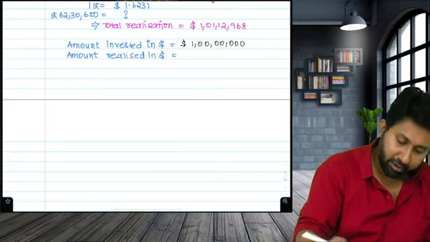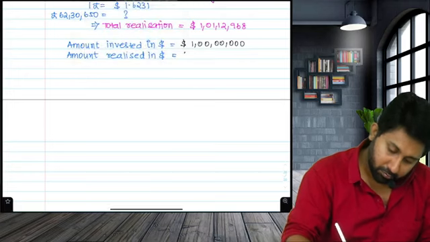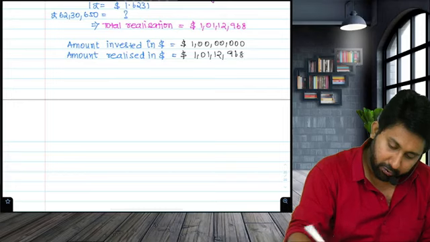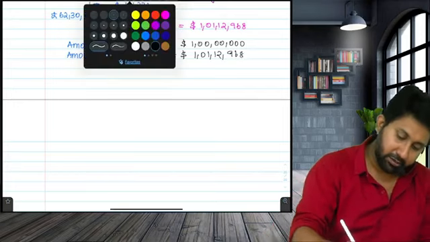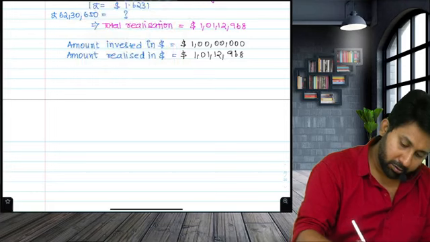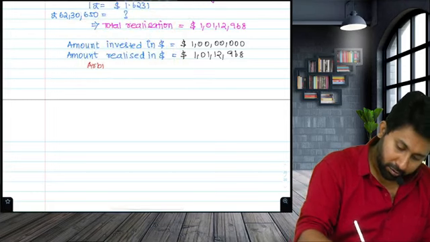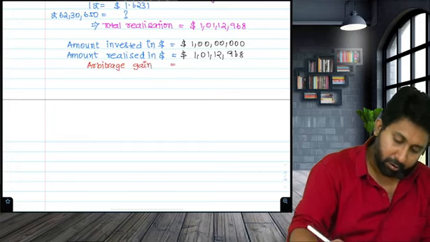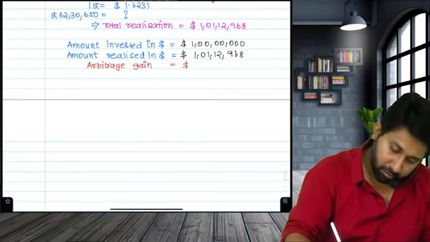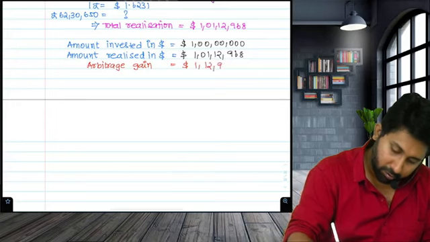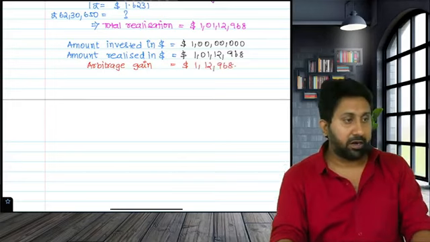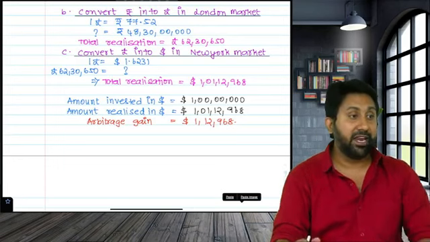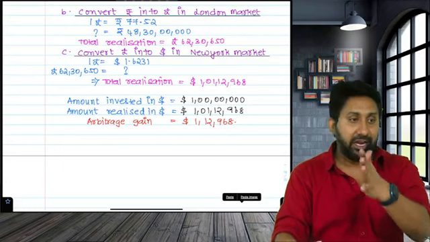Amount realized in dollars: 1 crore, 1 lakh, 12,968. So a gain of 1,12,968 dollars is made on what? Just on a mouse click.